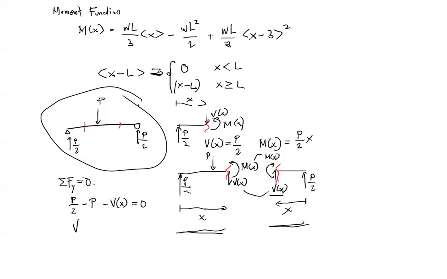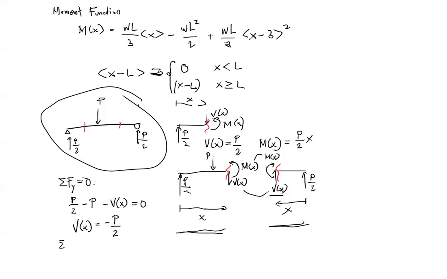So yung V as a function of x will be equal to, lilipat lang siya sa kabila, so negative P over 2. So ibig sabihin, baliktad yung side. So in reality, upwards dapat yung shear if we're looking from the left. So if you're going from left to right.